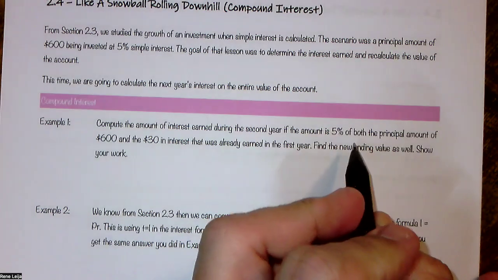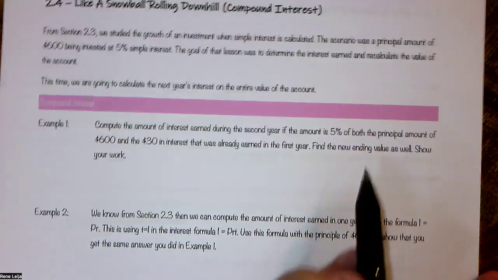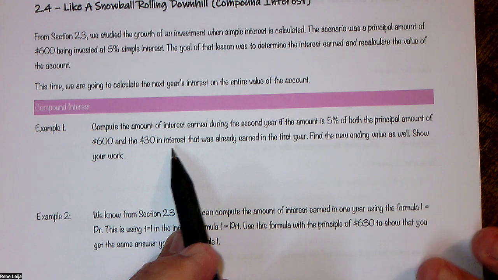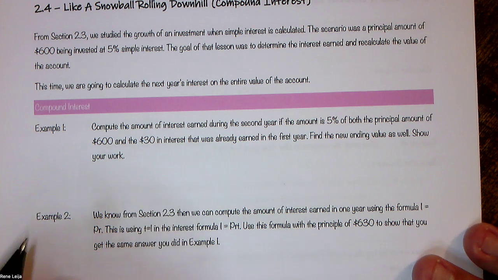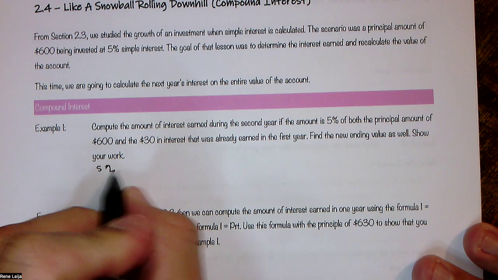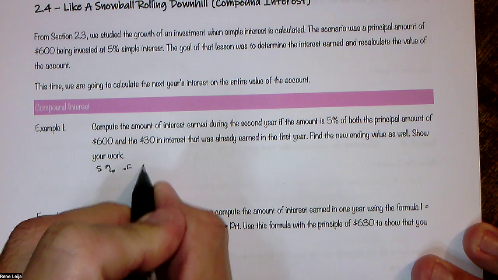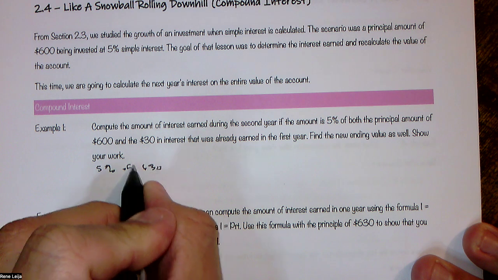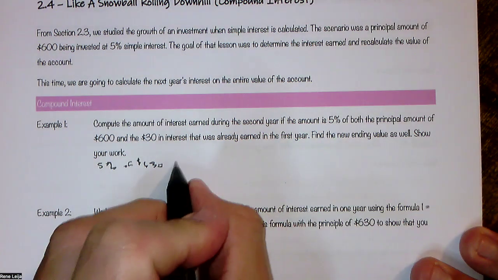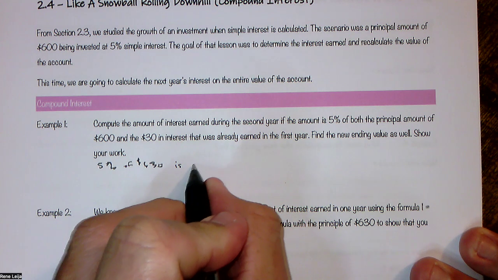So they're telling us that the 5% is going to be on both the principal of the 600 and the $30 in interest. So that means I add those two together. So we're looking for 5% of the $630.